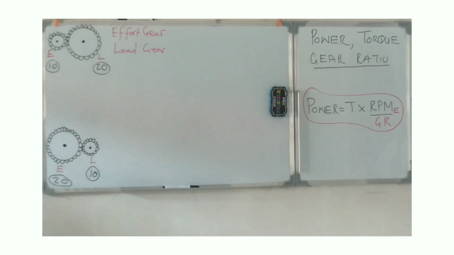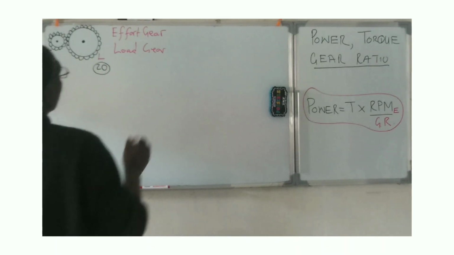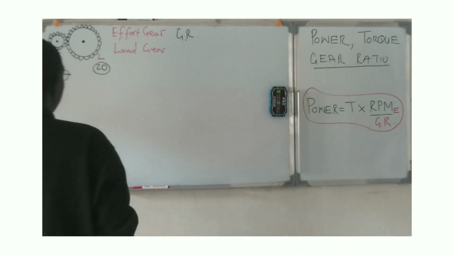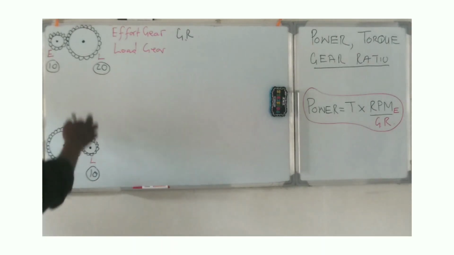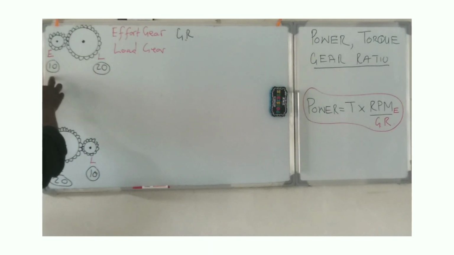The question is, what is gear ratio? Well, gear ratio, let's write it in black. Gear ratio, GR for short, is equal to the ratio of the number of teeth in the load gear divided by the number of teeth in the effort gear.